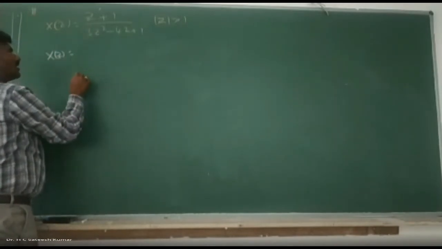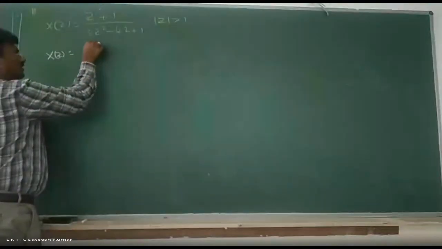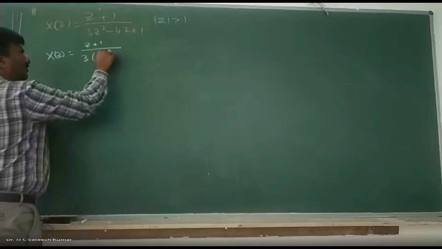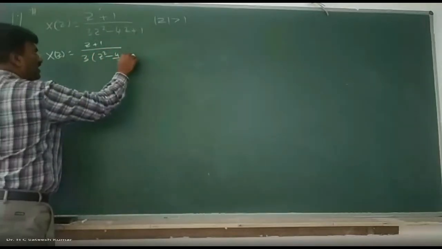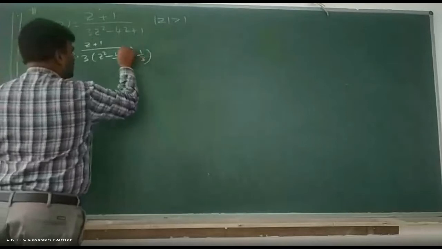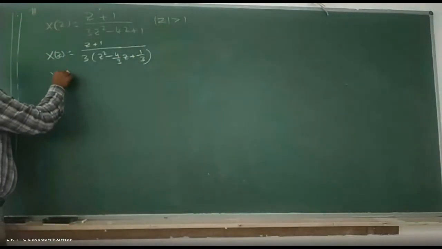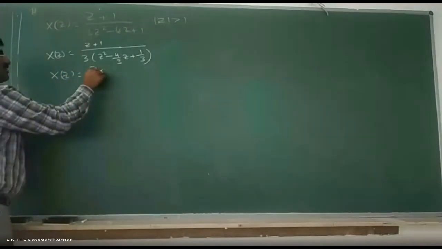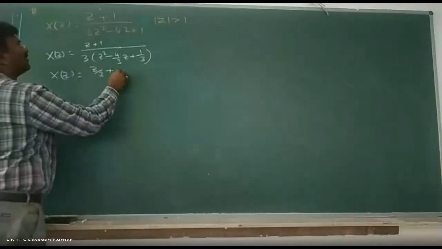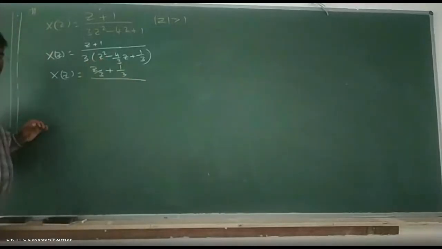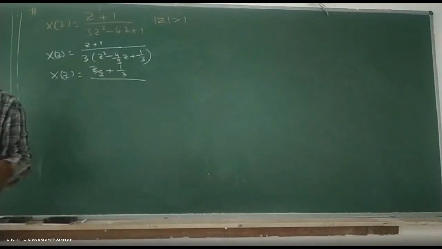Observe carefully what we should do. Take the 3 outside: z plus 1 divided by 3 into z square minus 4 by 3 z plus 1 by 3. This can be written as X of z is equal to z by 3 plus 1 by 3 divided by the factors of z square minus 4 by 3 z plus 1 by 3.